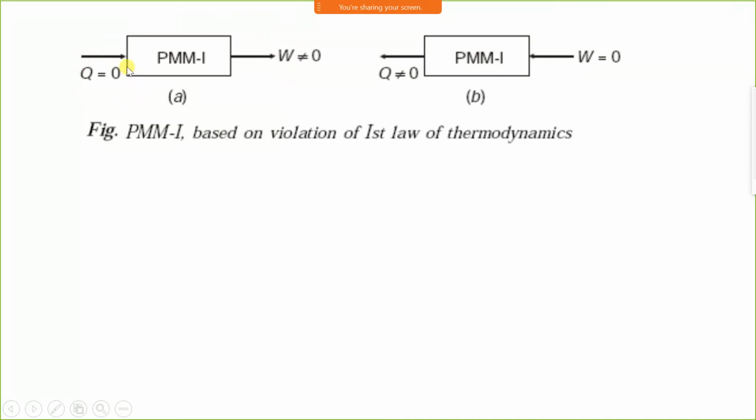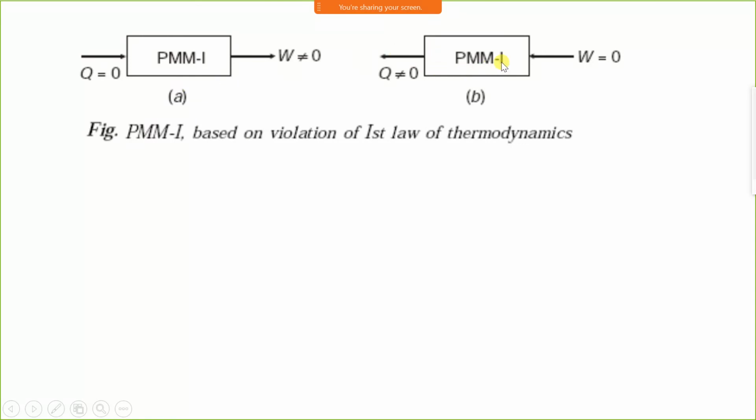Look here, heat transfer is 0. Even though the heat transfer is 0, it is giving some work done. Work done is not equal to 0, means work done is positive. It is giving some work without absorbing energy. Without absorbing energy, the machine is working continuously. This machine is not possible.